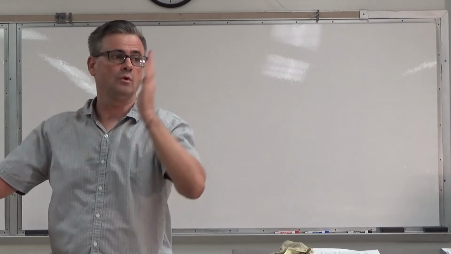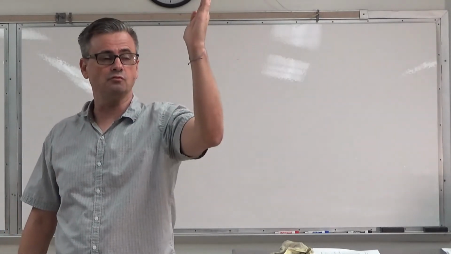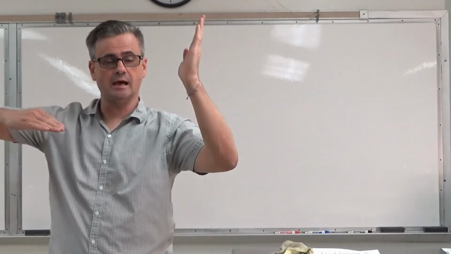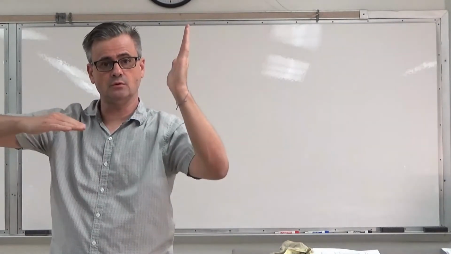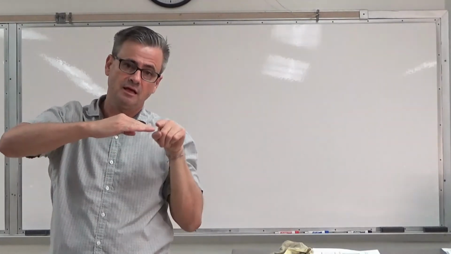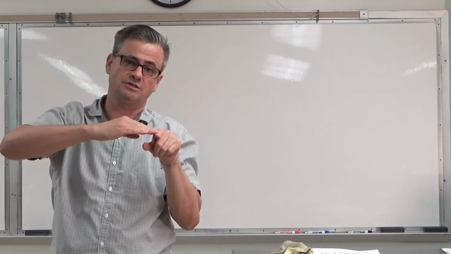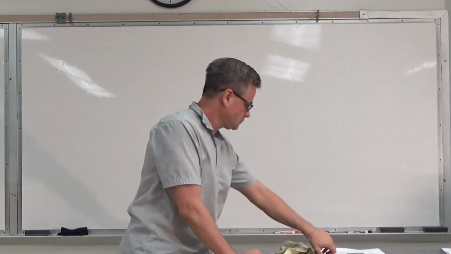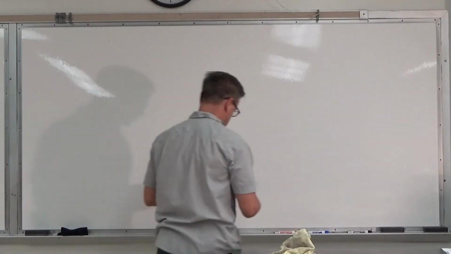If you fit a line to that linear section, and a line to this linear section, and then figure out where they intersect, the temperature at that point of intersection is your freezing point. I'll give you a picture here.